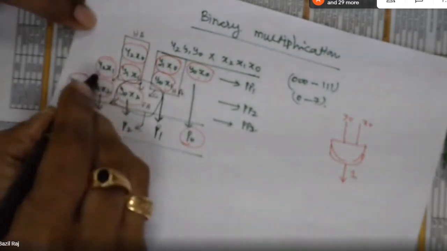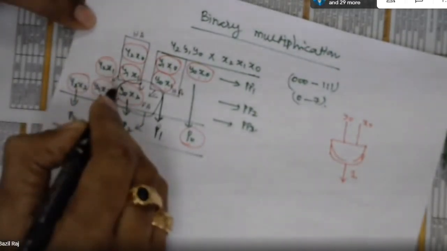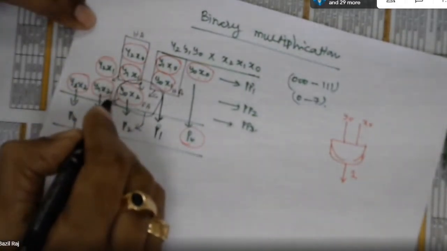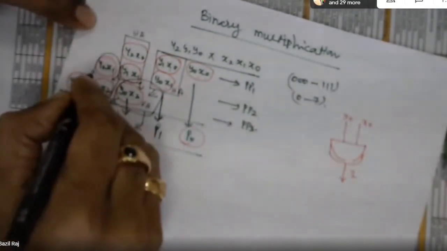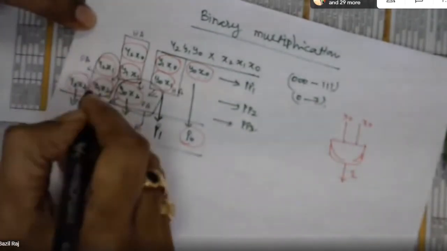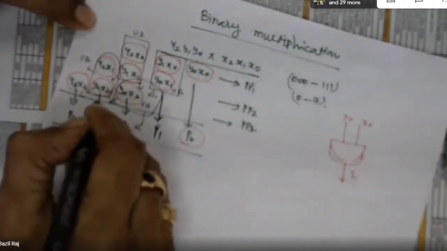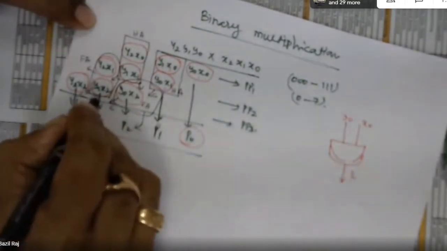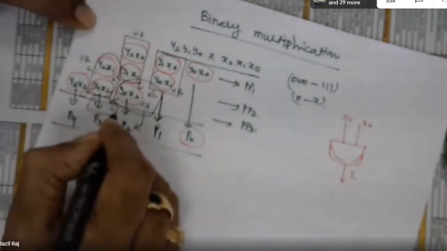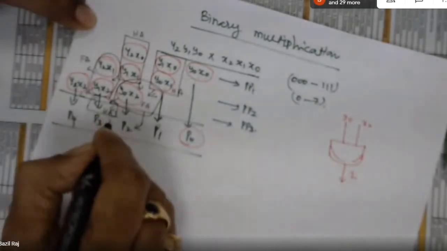Then for x1 y1, y2 x0, and this carry and this value, we use one more full adder. This carry will come out here and its sum will come out here. For this carry and this sum, one more half adder.